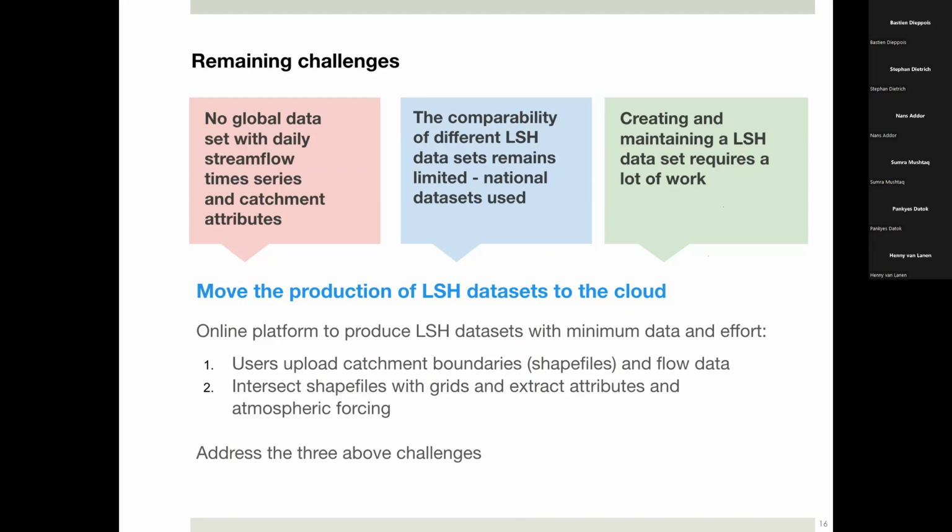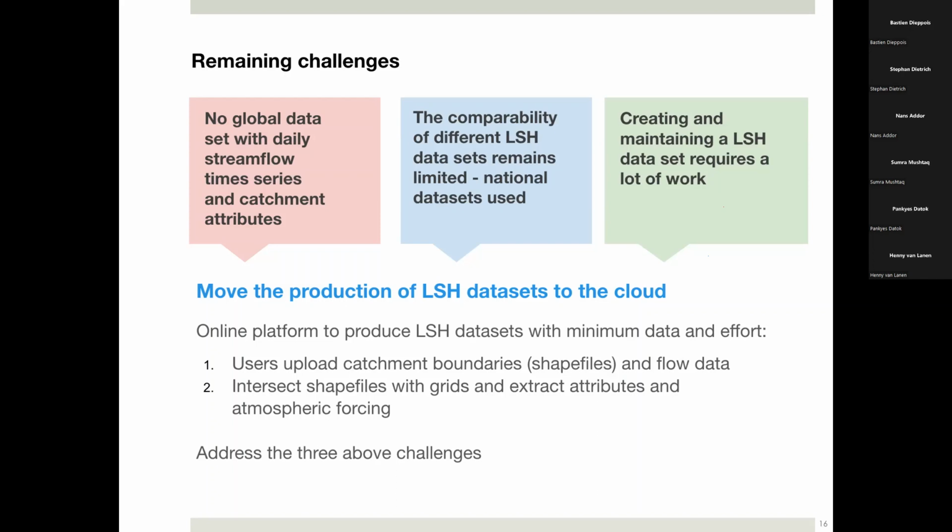And to a great extent, it would help us to address, and actually even solve in some cases, these three challenges. It would make creating data sets much, much easier. It would lower the bar, meaning that people who have data to share but don't have the time to create a whole large sample hydrology data set can still release their data together with atmospheric forcing and catchment attributes.